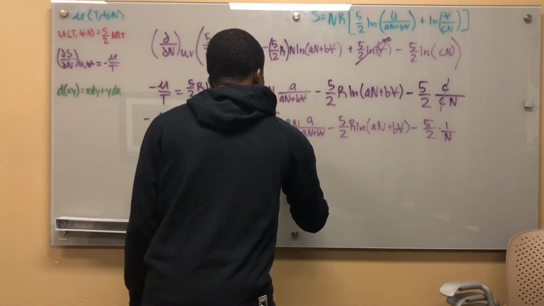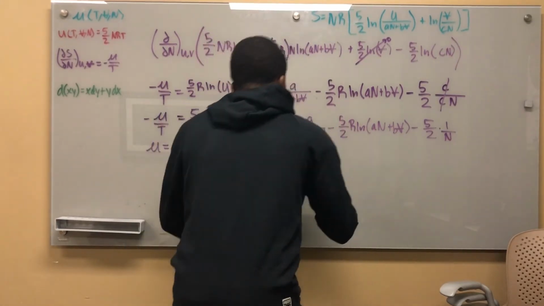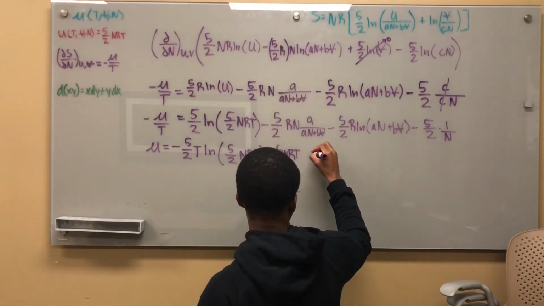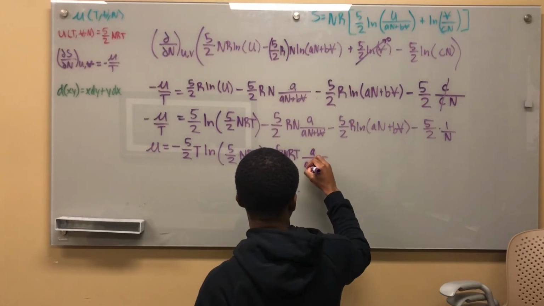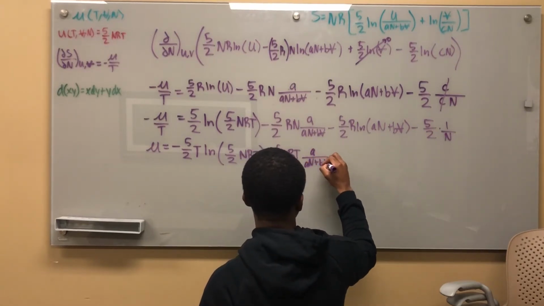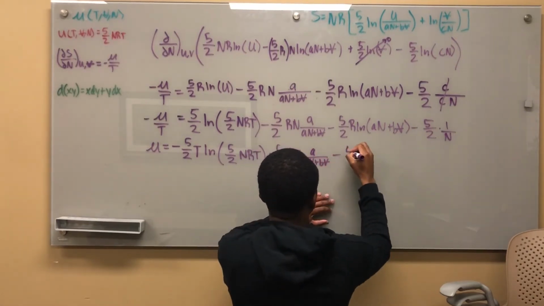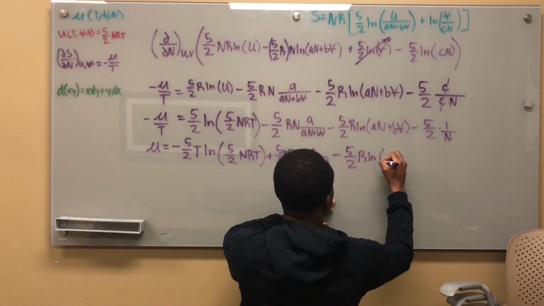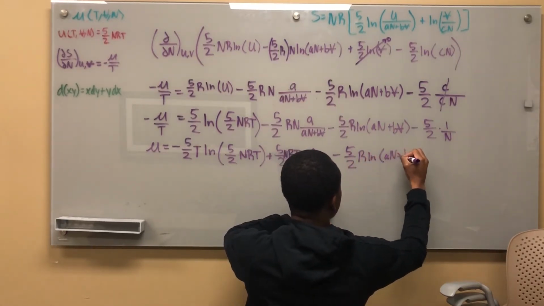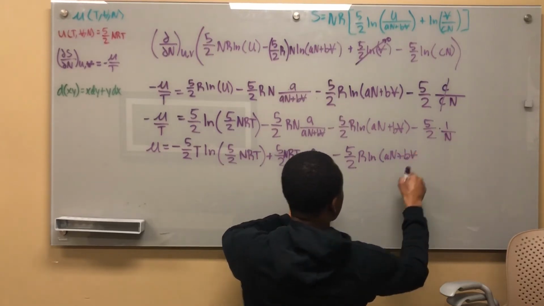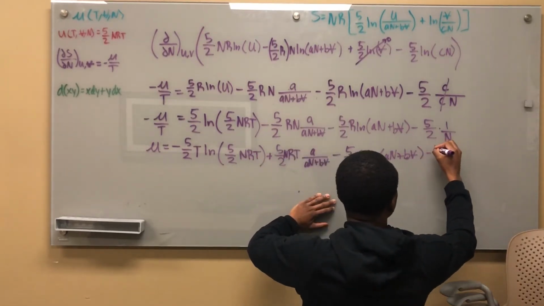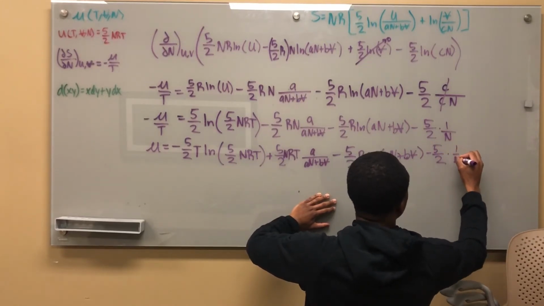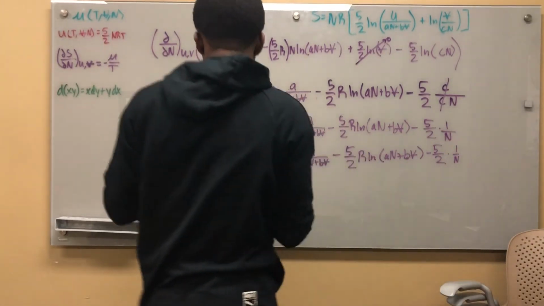I'm gonna write this as nRT times an plus bv minus 5 over 2 R ln. Okay, so that should be that.